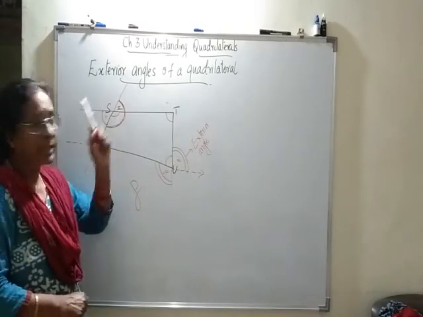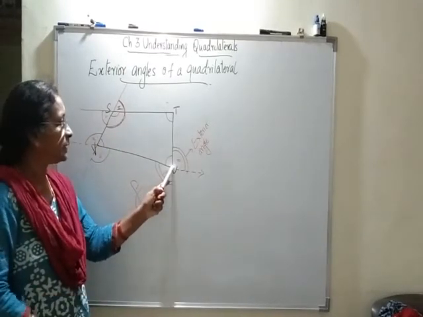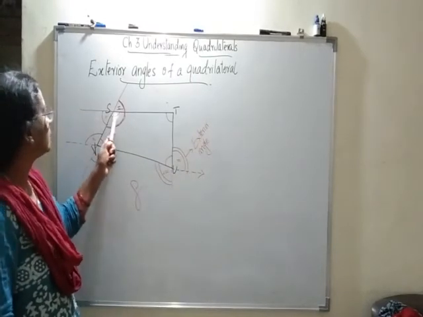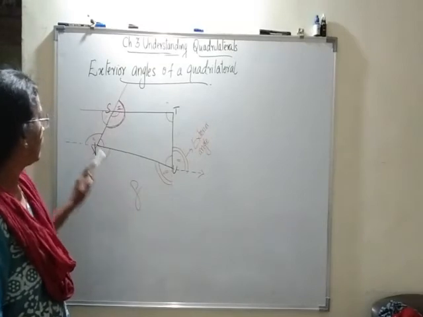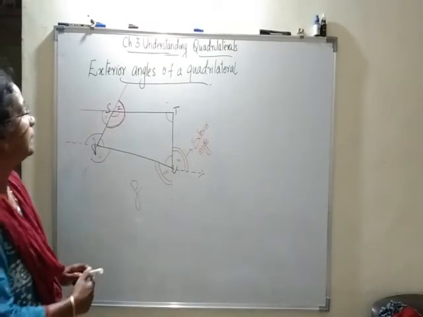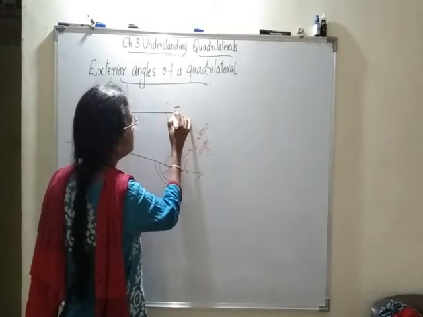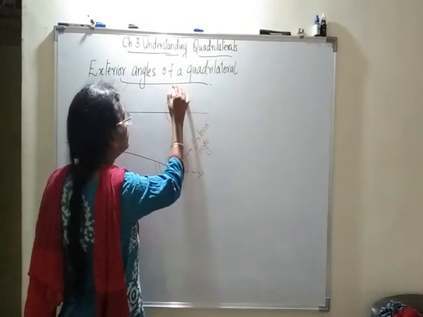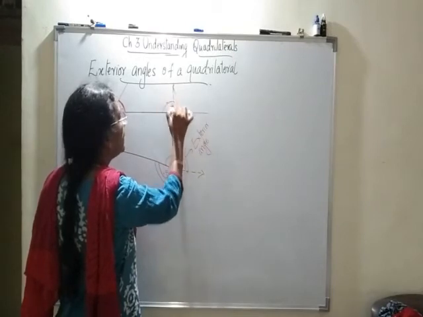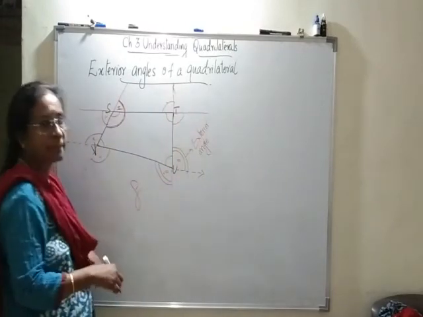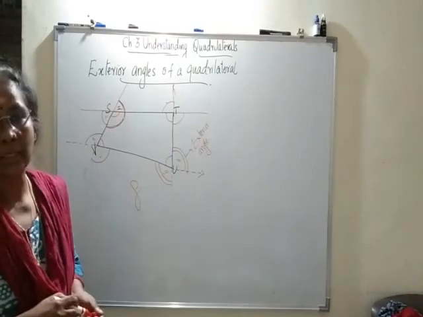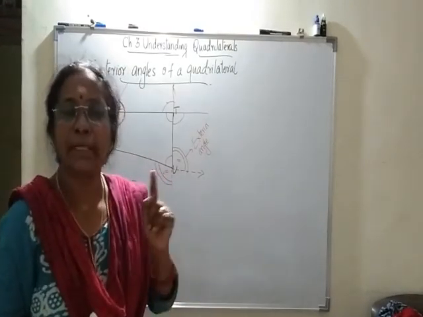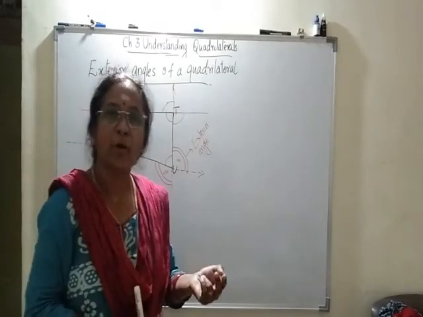And all at a particular vertex. If you take this vertex, these 2 exterior angles will be equal. At this vertex, these 2 exterior angles will be equal. Here these 2 will be equal. And here, on this side, these 2 will be equal. So two exterior angles at a particular vertex will always be equal.